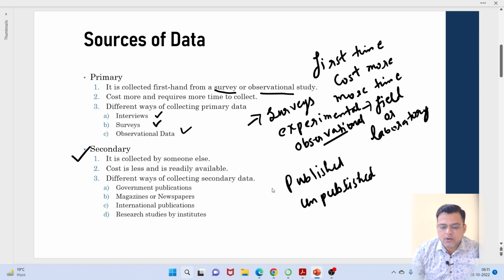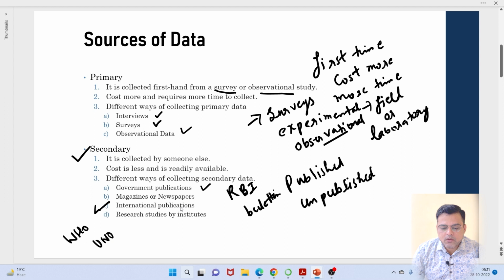When we talk about published sources, we have government publications like the RBI bulletin, where they share information about financial topics, and we have magazines, newspapers and journals. In international publications, we have something called WHO or UNO.